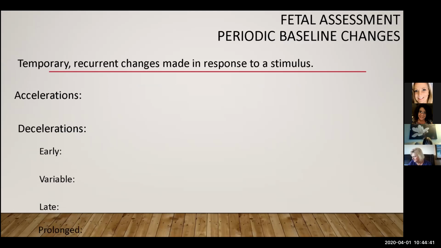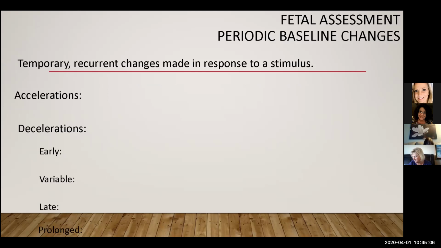Temporary recurrent changes made in response to a stimulus. So those are our fetal accelerations and decelerations. Fetal accelerations, again, those are on page 462 in your Ricci. They are transient, abrupt increases in the fetal heart rate above the baseline that last less than 30 seconds from onset to peak.